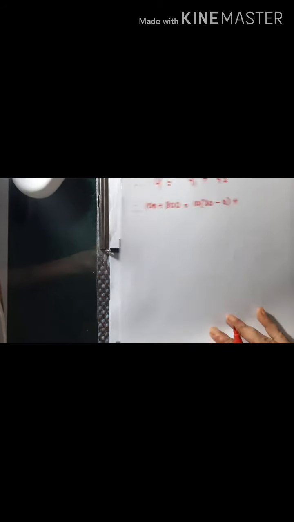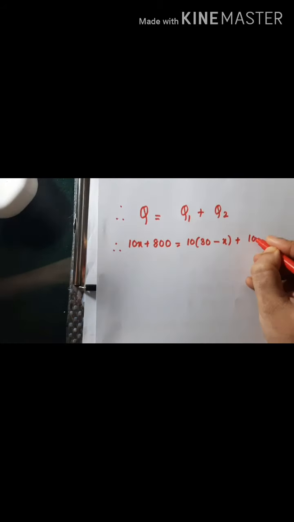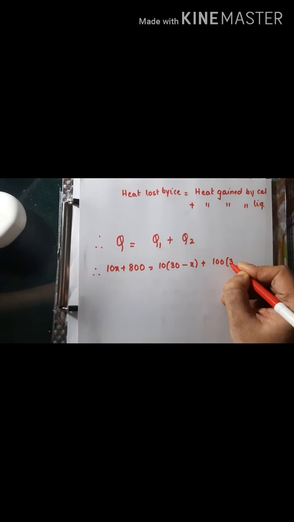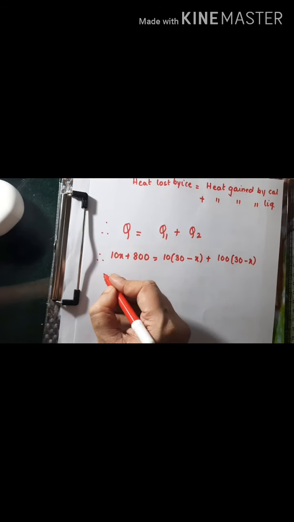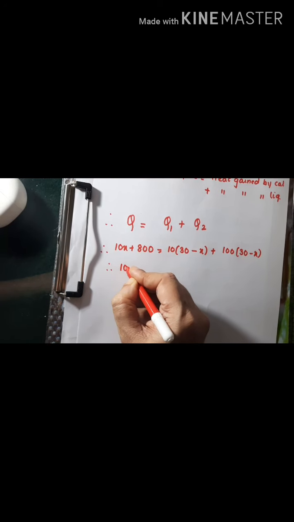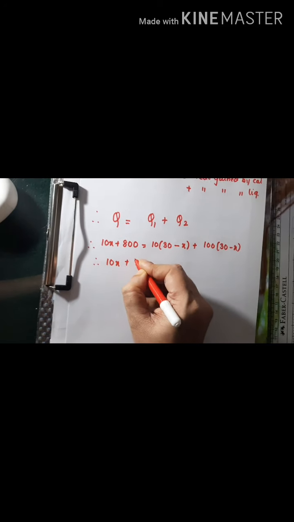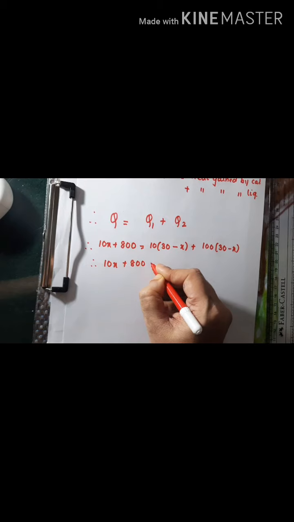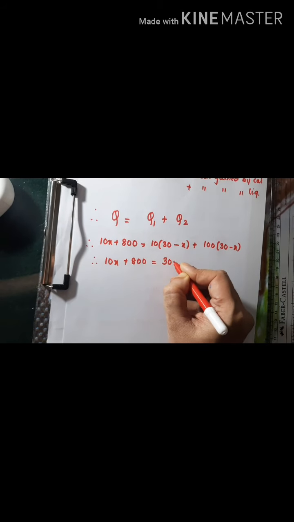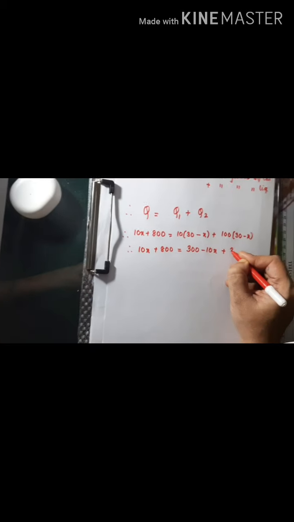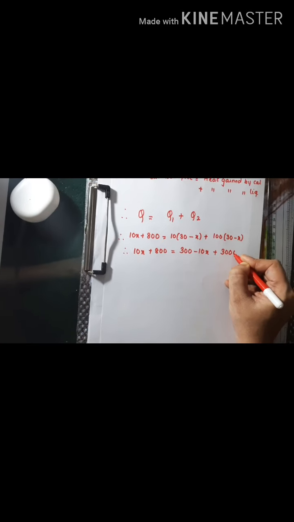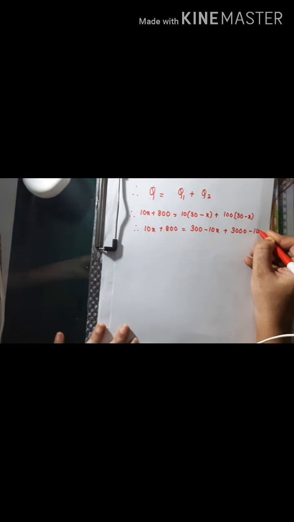Plus what is Q2? 100 into 30 minus x. Let's solve this now. Now there is absolutely no problem. Come on. Let's open the bracket. 10x plus 800 equal to 300 minus 10x plus 3000 minus 100x.